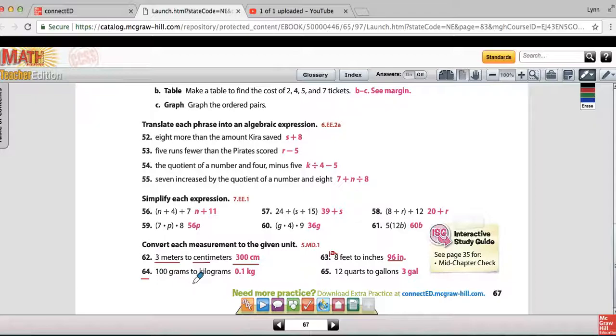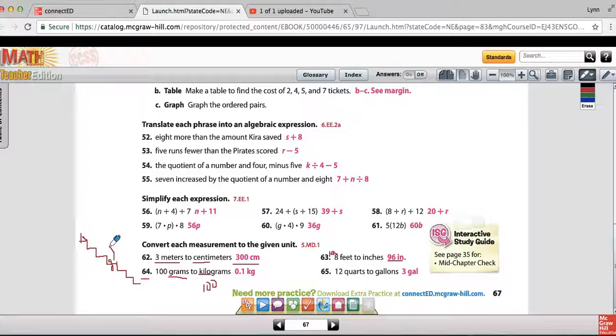For number 64, kilo is the prefix for 1,000. And so sometimes teachers teach metric using a staircase, like kilo, hecto, deca, base, deci, centi, milli. And our base one is the grams, liters, and meters. In this case, 100 grams. And kilograms is up here.